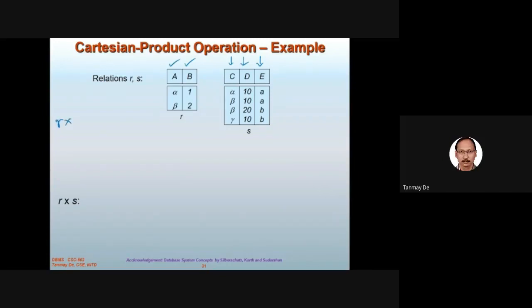R cross S means basically tuple T from relation R and Q from relation S, where T belongs to R and Q belongs to S. So what are the attributes?